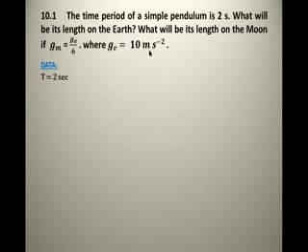What will be its length on the moon? If gm is equal to ge upon 6. Then tell me what is this gm? Gm is of the moon. Beta, this is your learning phase, so no need to be confused.